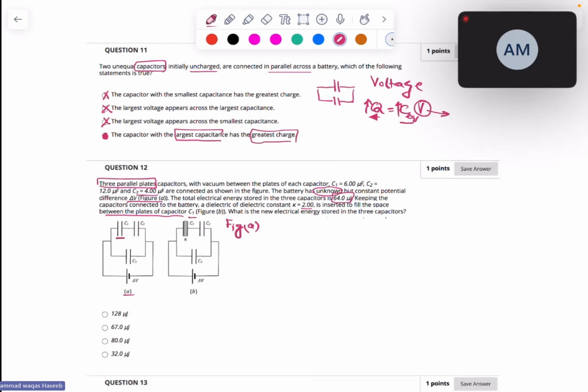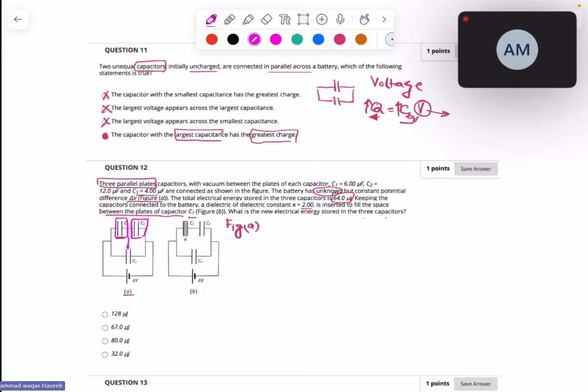These two capacitors are in series, and this capacitor is in parallel to them. So first we add C1 and C2 in series, and then add the parallel capacitor C3, and then you calculate the energy.